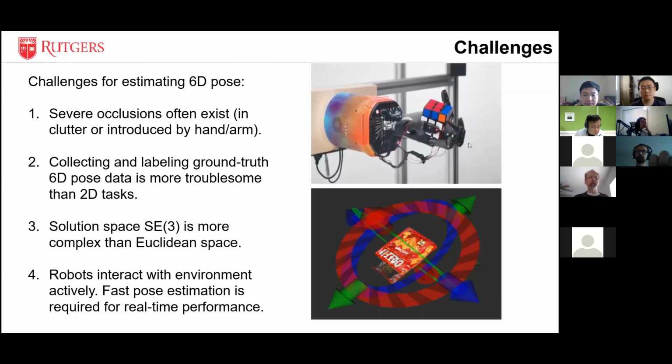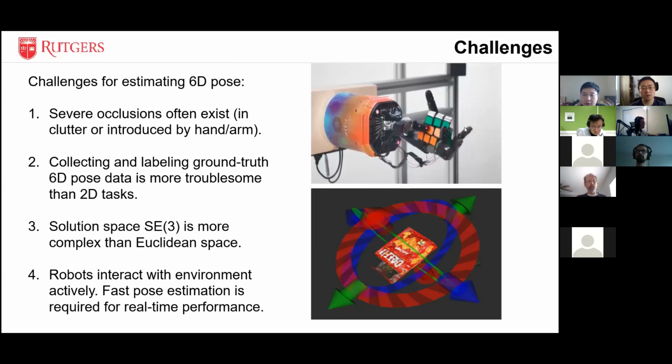6D pose data is more troublesome than for 2D tasks. On the bottom right, I showed an example from the annotation tool. The typical pipeline for annotating 6D pose is that the annotator will drag the marker to make the CAD model aligned with the observed 3D point cloud.